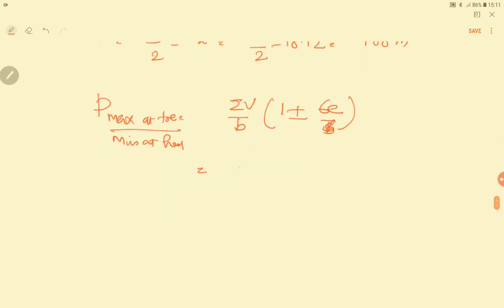What will be the value? Sigma V is equal to 4398.8, by B is 56, into 1 plus or minus 6 into 9.88 by 56.